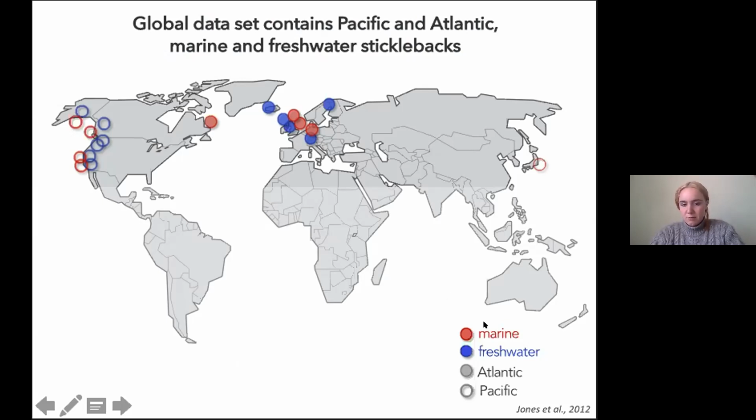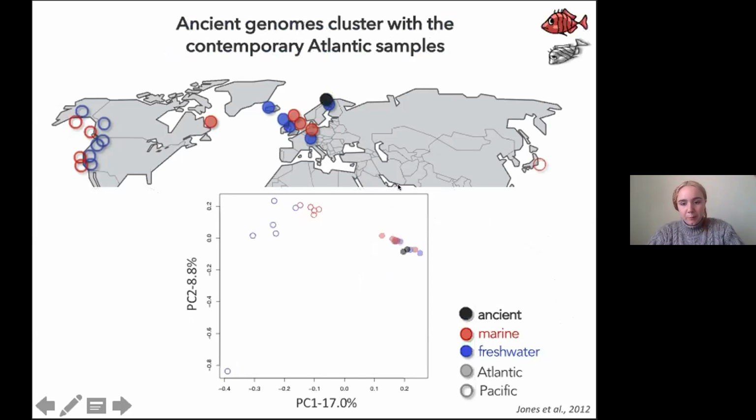Marine and freshwater are represented in red and blue colors, and Atlantic are the filled circles and Pacific the open circles. So when we performed a principal component analysis based on this global data set and including the ancient samples, you can see that PC1 is separating the Pacific and the Atlantic sticklebacks. And the ancient samples are actually clustering with the Atlantic samples, which makes sense because they are from Norway and thus also from the Atlantic Ocean. So this is what we would expect.